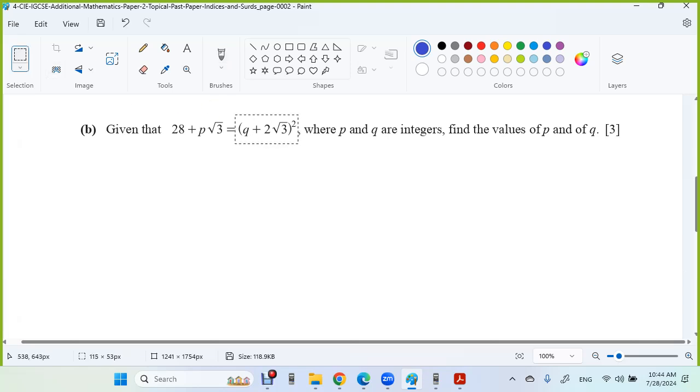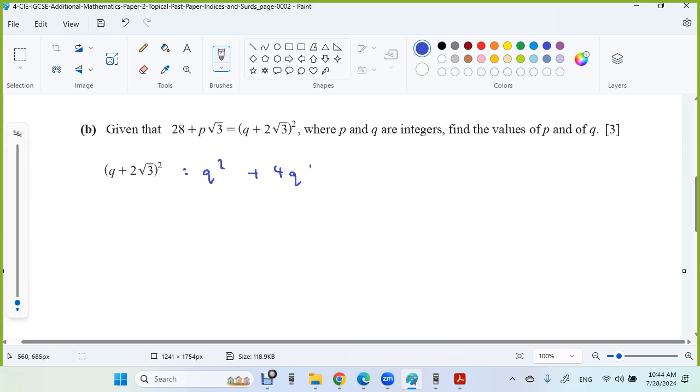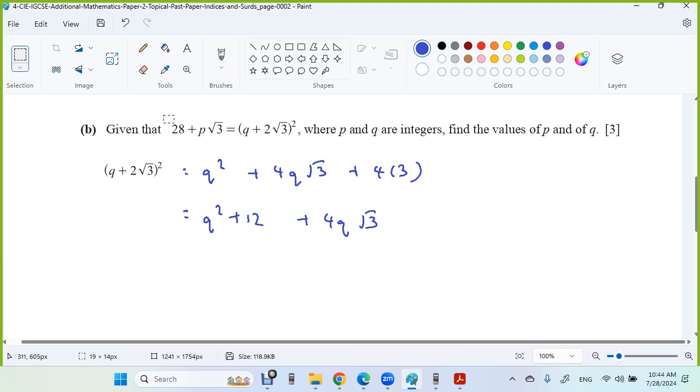So we expand this one, then this will be q square plus 4q square root 3 plus 4 times 3. Then this is q square plus 12 plus the 4q square root 3, equal with this one.